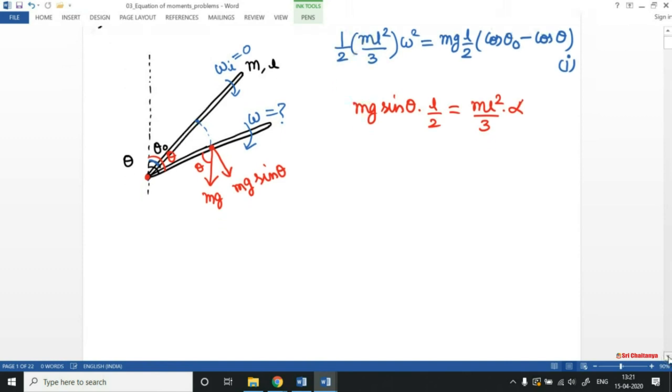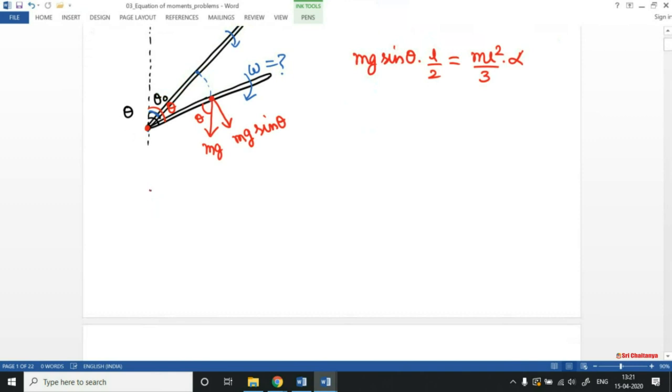So let's redraw this diagram over here. So this is the rod, and this is its center of mass. The center of mass is undergoing circular motion, so it will have two components of acceleration. One would be the tangential component at, which would be L by 2 times alpha, and alpha we have managed to find out using this equation.